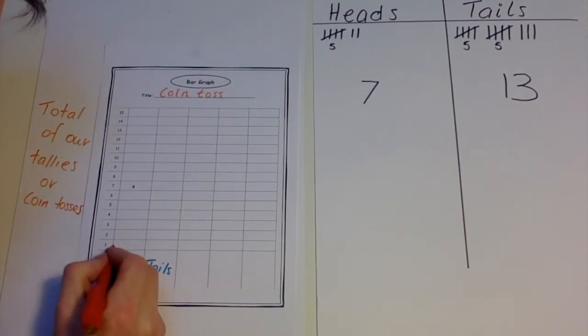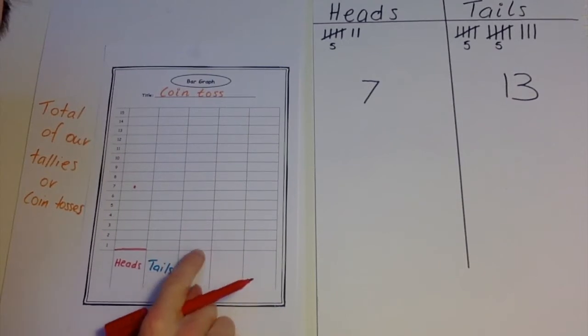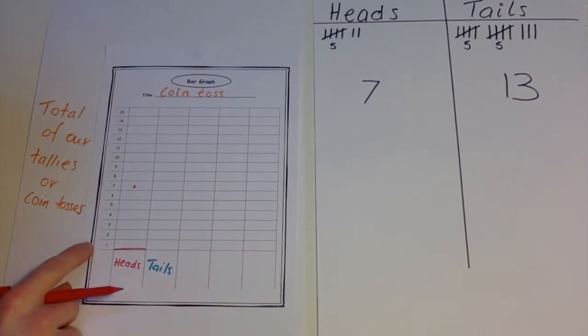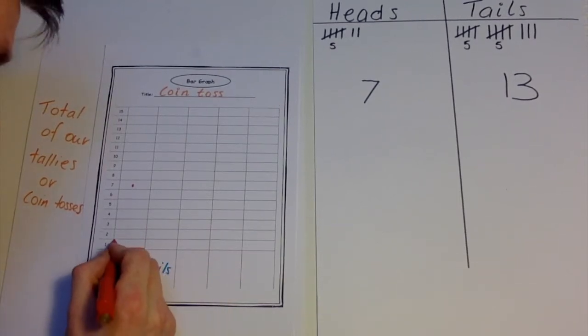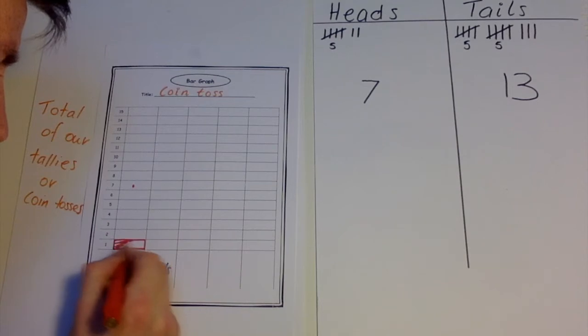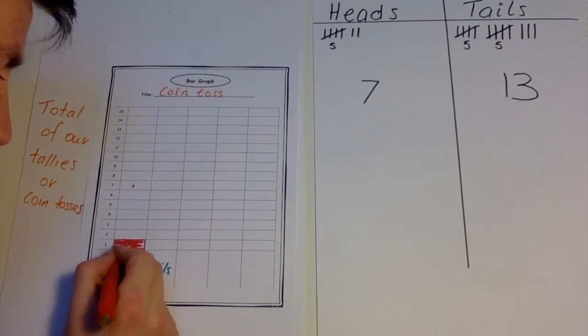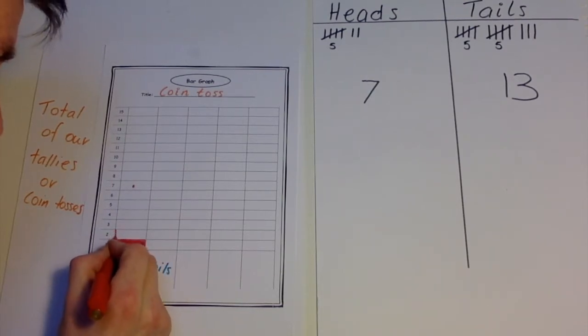Now I need to make sure when I colour in my bar graph that I don't go into the other ones, or into the numbers. I need to stay in the little bars. They're like little rectangles. So you can draw in one at a time like this, or colour in, I should say. That's one.